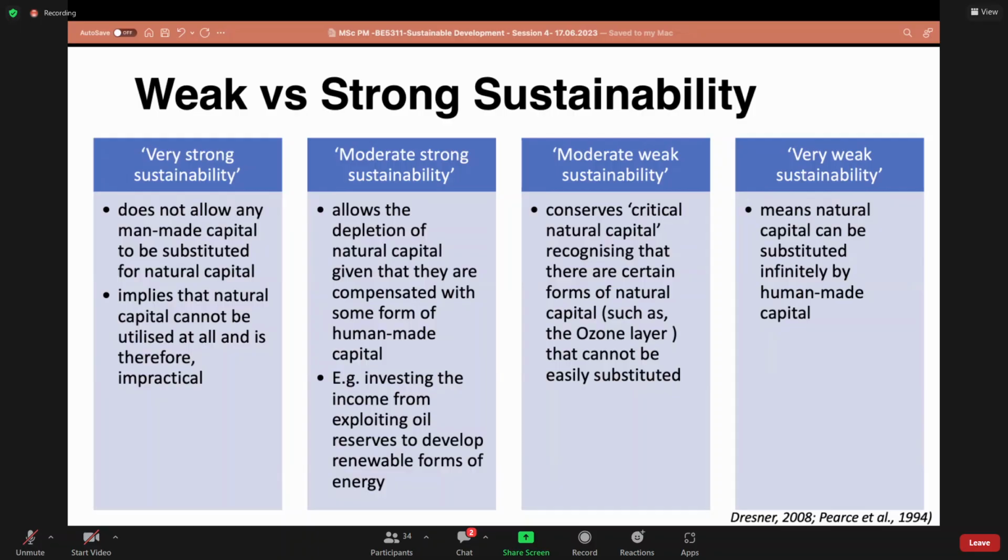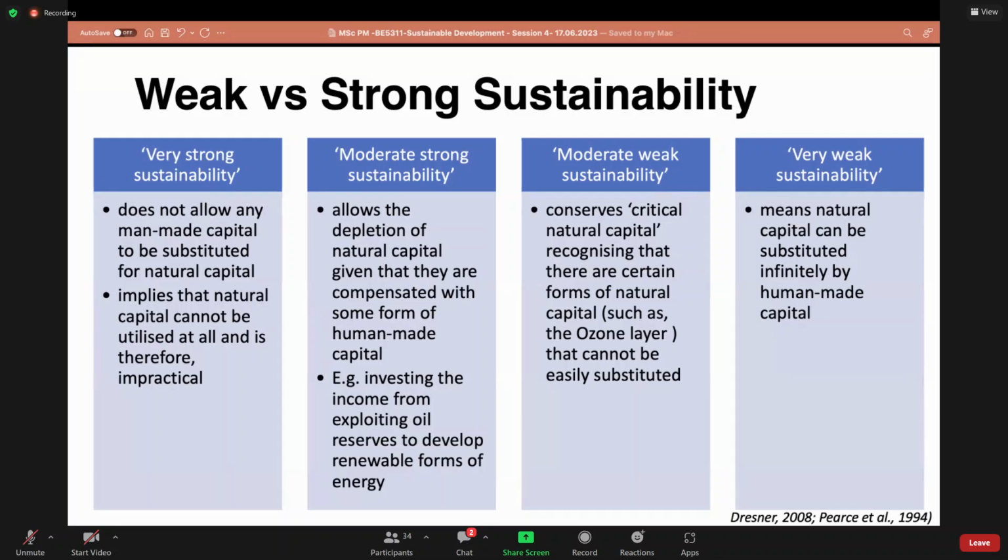So basically it's impractical, because you cannot use any natural resource at all, because then that will get depleted and the stock level will go down. So within those two extremes, you have these different forms of sustainability.